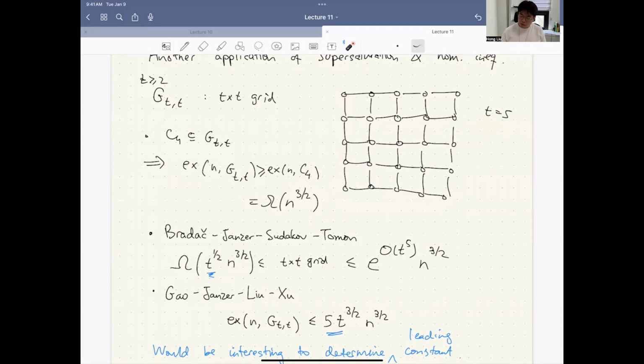You have a grid. We start with a path like this, and suppose the path is robust enough that we can replace it in many different ways. Then we can replace this vertex by this vertex, so it becomes a path like this.